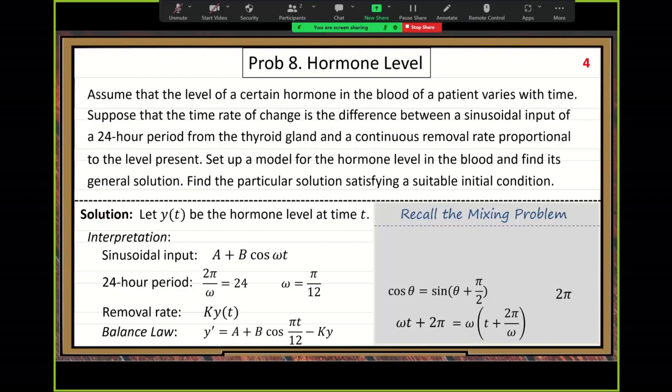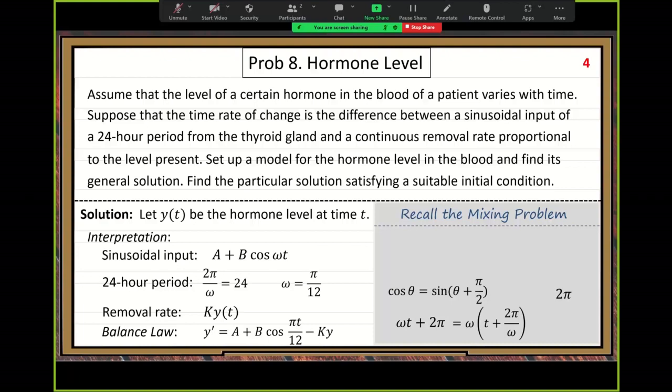The first part is the input from the thyroid gland. The second part is a continuous removal rate. Removal means minus, losing; the hormone level is reduced.